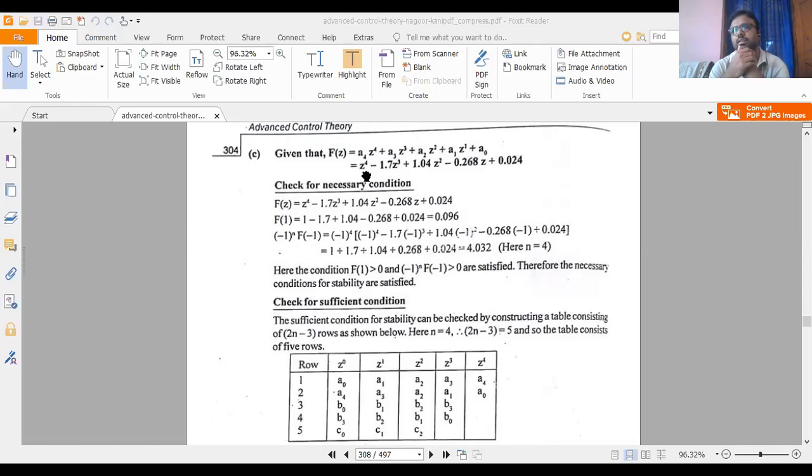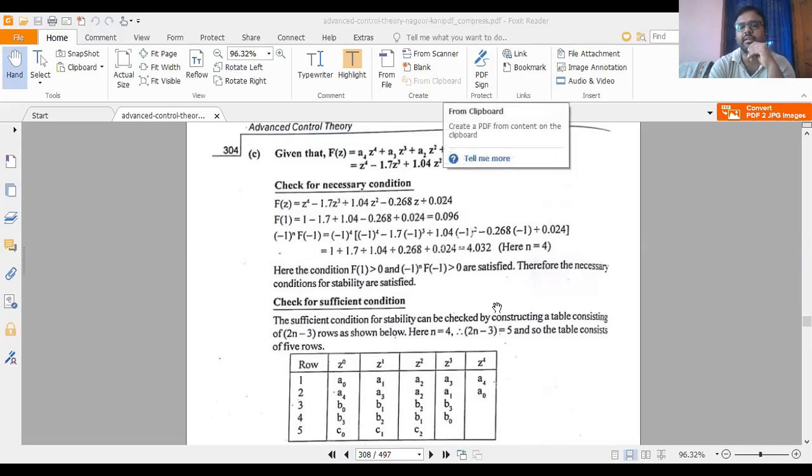The fifth row consists of c0, c1 and c2. So here is the representation of Jury's stability table.